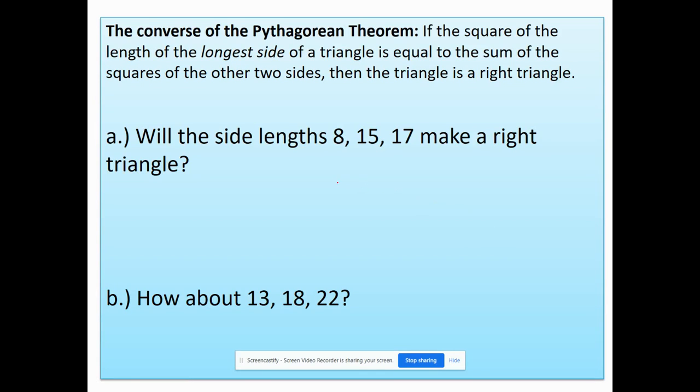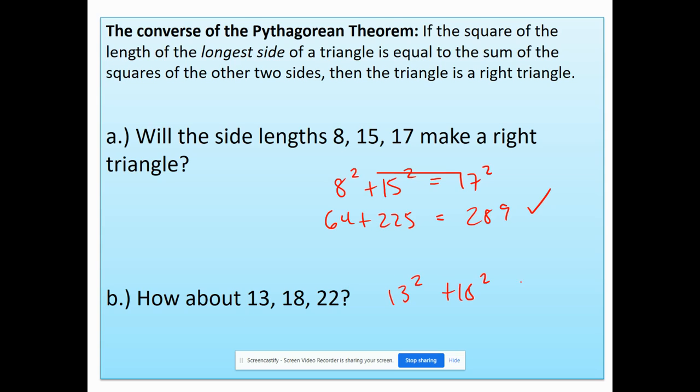And for this one, 8 squared plus 15 squared does equal 17 squared, because 64 plus 225, 17 squared is 289. You can check that. It works. But for this one, it fails. So we would say this is not true.